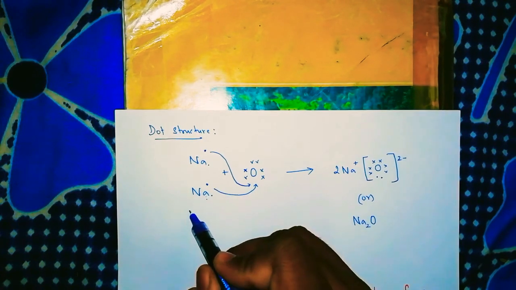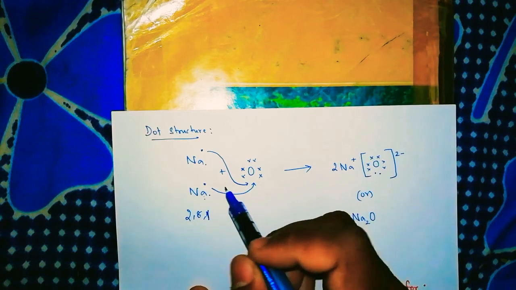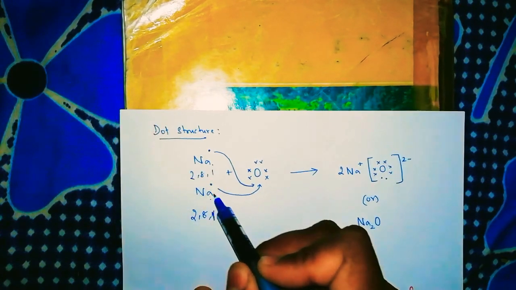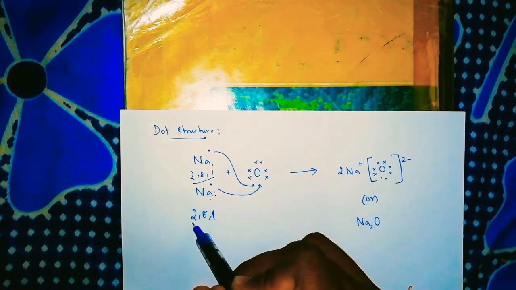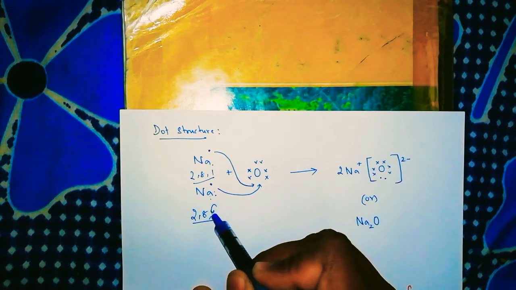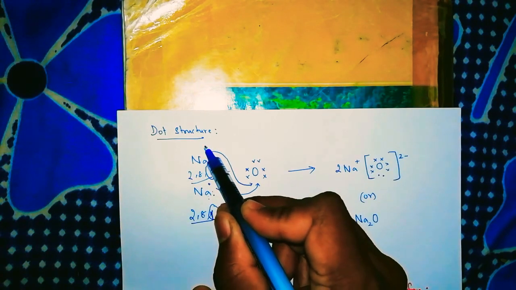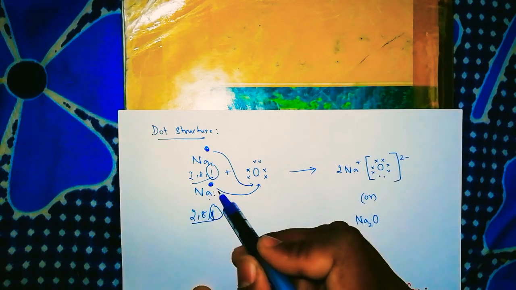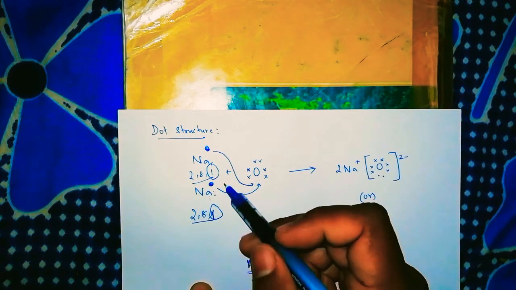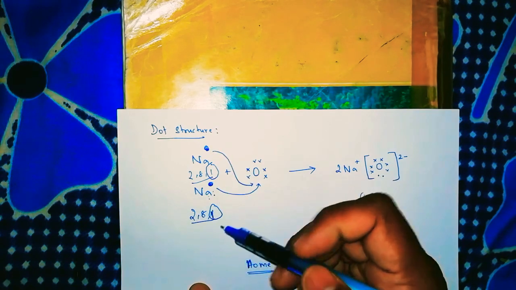And each sodium is 2, 8, 1. This sodium's electronic configuration is this, and this sodium's electronic configuration is this. And each sodium has 1 electron in the last shell. That is why we are mentioning it as 2 dots. These 2 dots represent 2 electrons, that means each sodium's last shell electron.